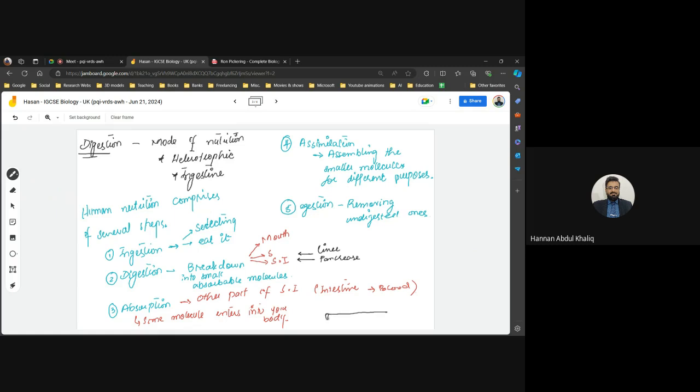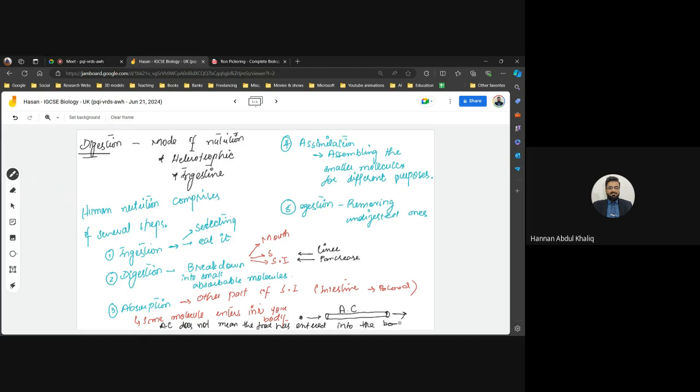There are many parts of food that would enter from this end and exit from this end. They do not become part of your body. So the alimentary canal does not mean the food has entered into the body.